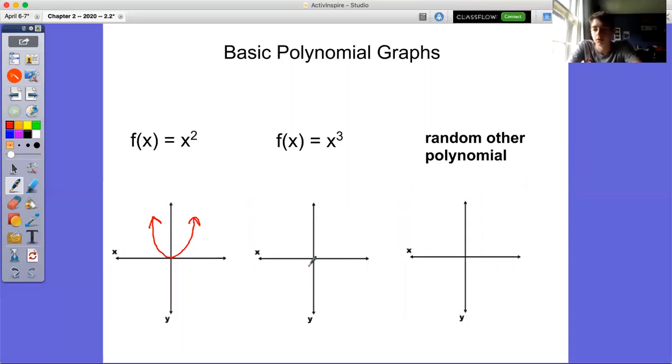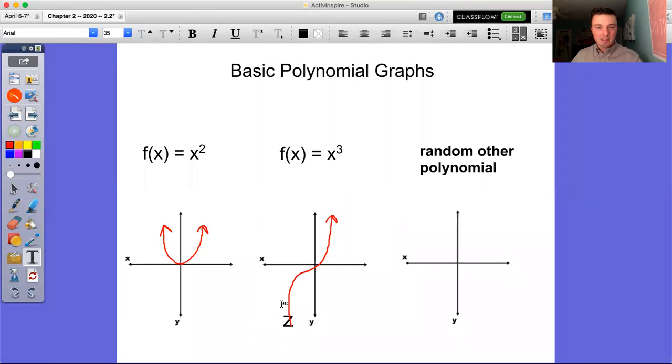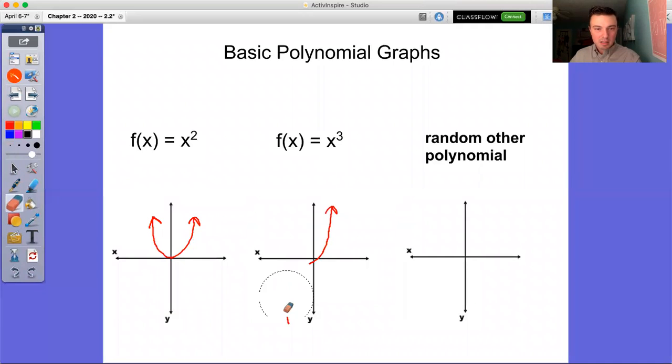It's the little S looking thing. The cubic function looks like that. Kind of like a tangent function, right? That's a cubic function. I drew it a little too steep right there. Let me fix that. That is the cubic function, passing through 0, 0.